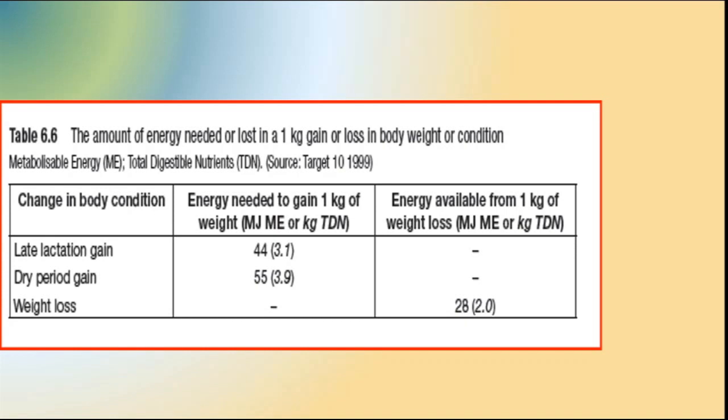Energy available from 1 kg of weight loss at late lactation is 0, as there is no weight loss. Then during the dry period, again, there is no weight loss. So weight loss is particularly during early lactation. If the animal is losing 1 kg of body weight, then 28 megajoule of metabolizable energy is available in that case.